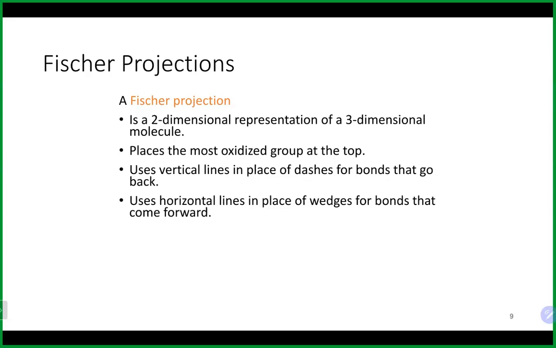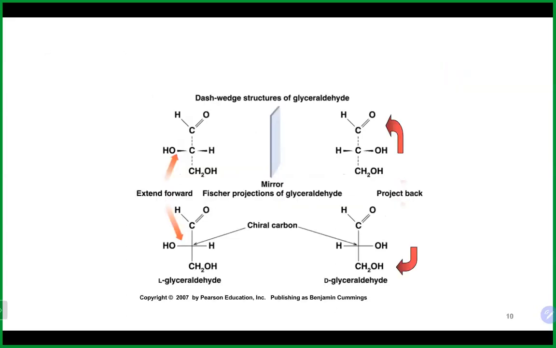When people use wedges, that means it's coming forward or out of the paper. The dashed line means it's going back of the paper. So you sometimes will see these things drawn like this, which means it's going back of the paper. And some people will still use wedges, which means it's coming forward out of the paper in that case.